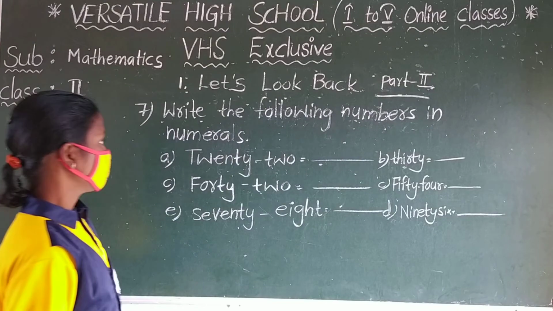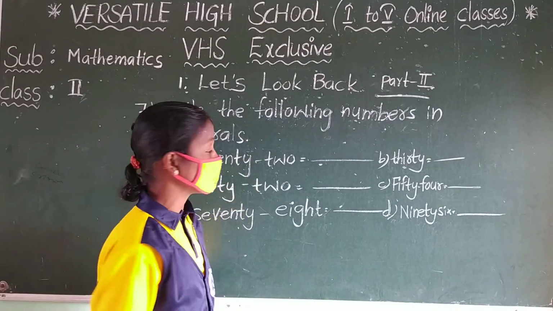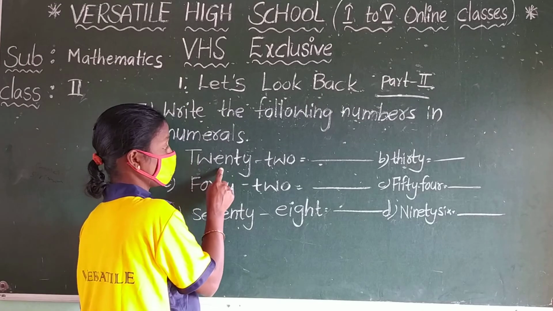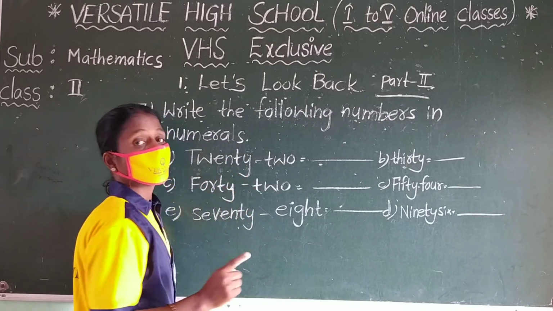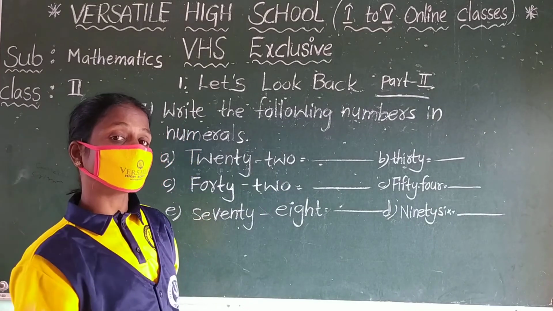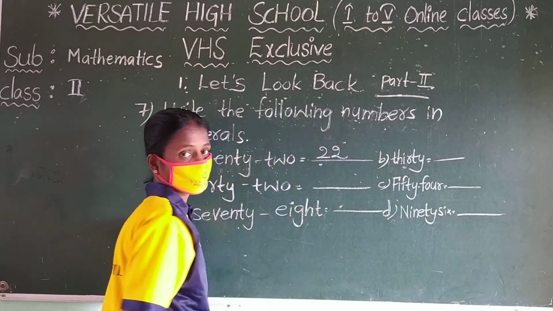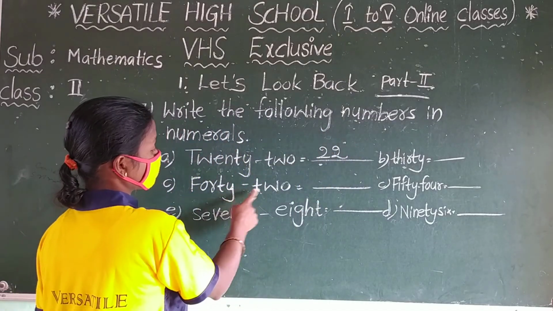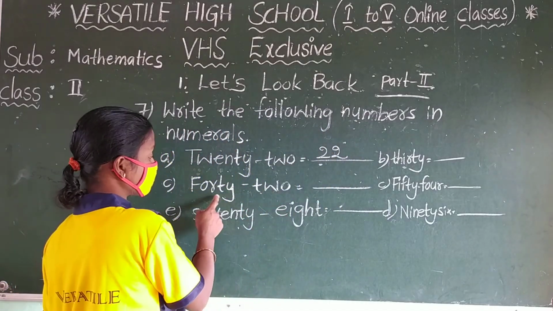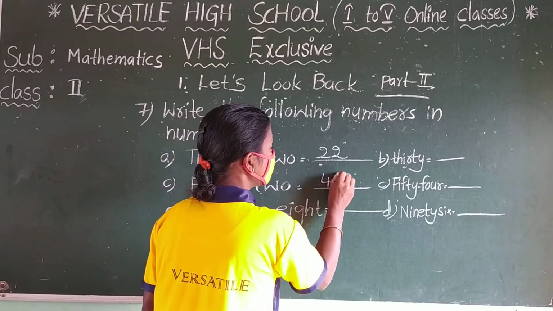See, 22. How do you write twenty-two? First read it with spelling: twenty, 20, two, 2, 22. And here, forty-two: forty, 40, two, 2, 42.